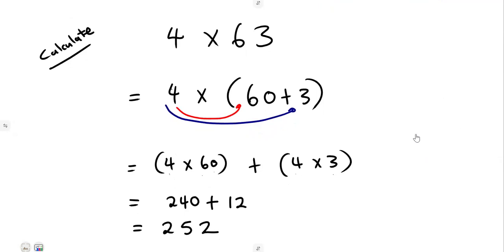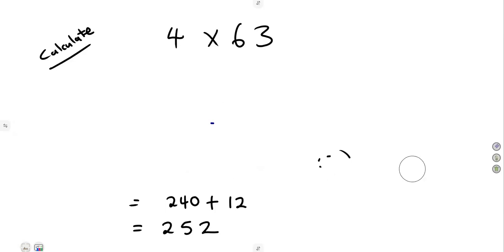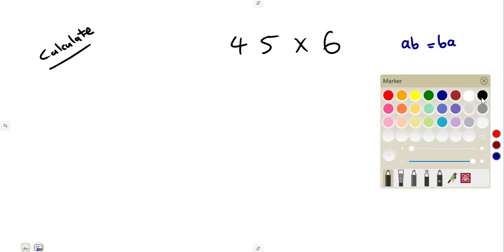Remember from your grade 7 mathematics, you had something like that. So here I just want you to see how far you can extend your distributive property. You just target the bigger value, 63, and expand it into 2. All right, let's try another one. 45 times 6. Remember, from the first part of our commutative property, A times B is equal to B times A. So I can even interchange these before I apply.